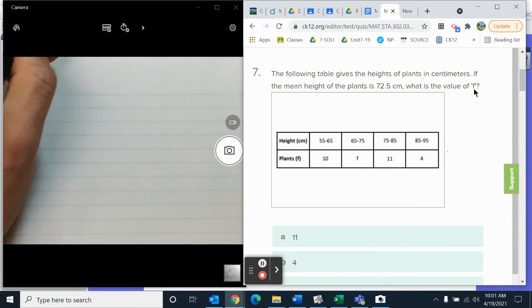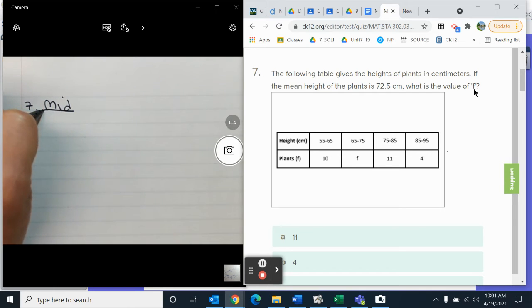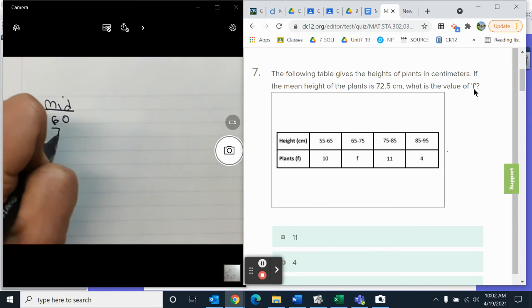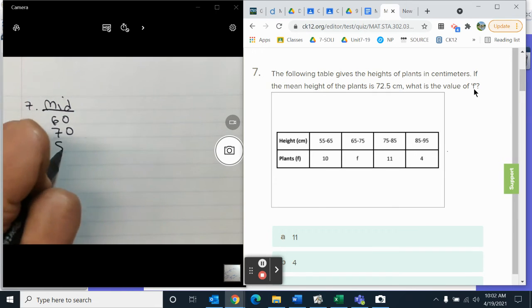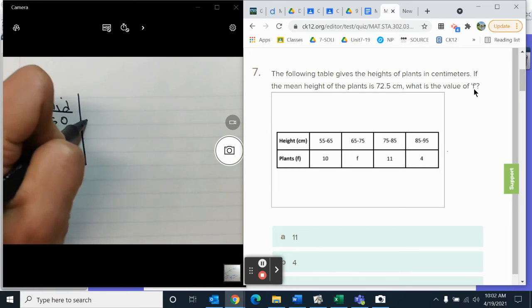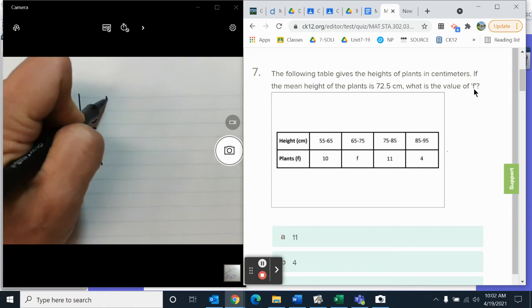So in number 7, let's find our mid values. Halfway between 55 and 65, 60, 70, 80, and 90. Then we have frequencies 10, F, 11, and 4.